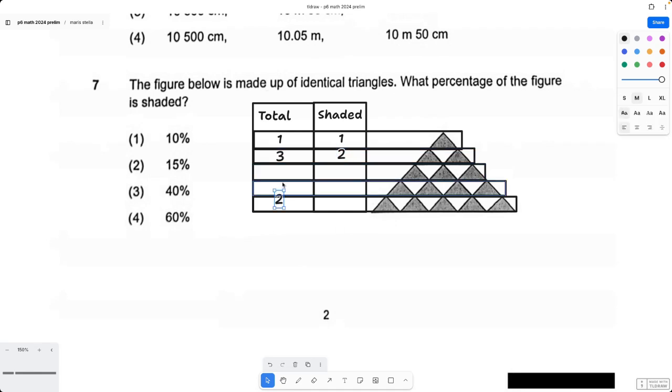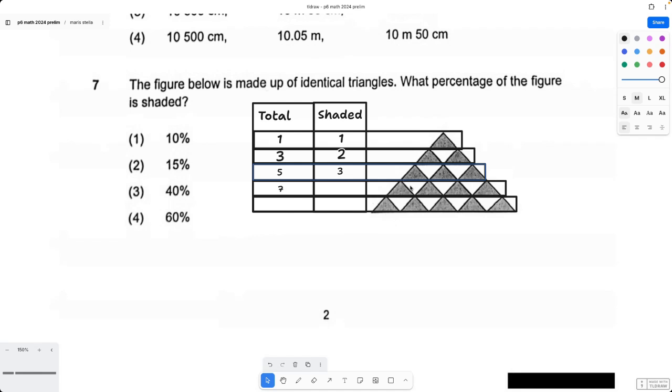So total will be 5, and shaded is 3. Then this will be 1, 2, 3, 4, 5, 6, 7. So total is 7.